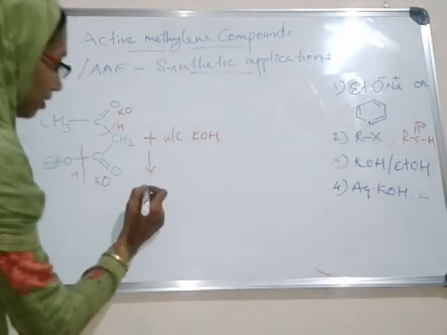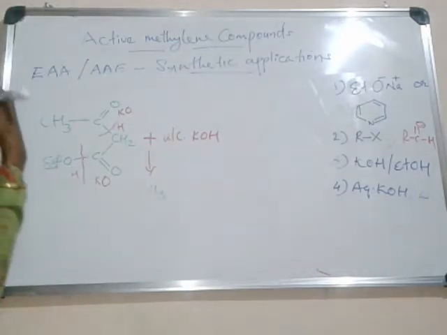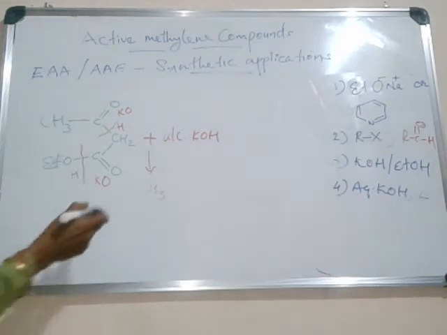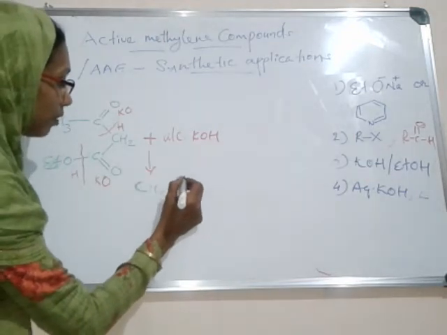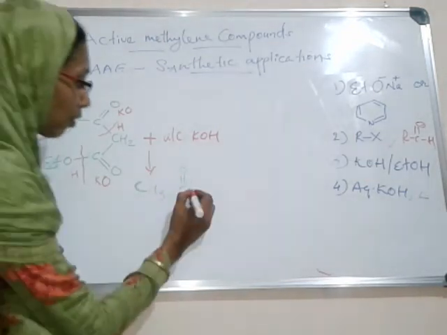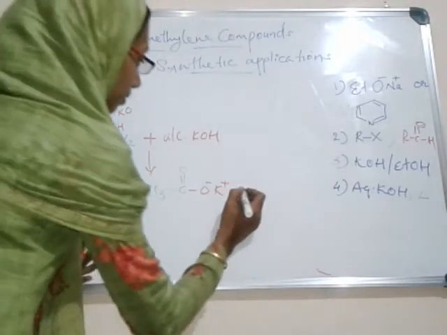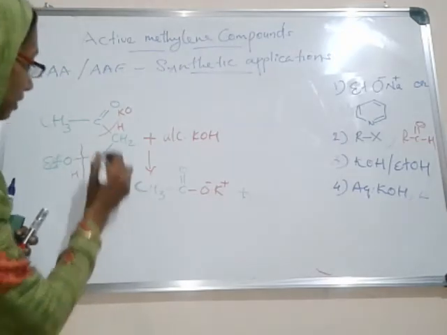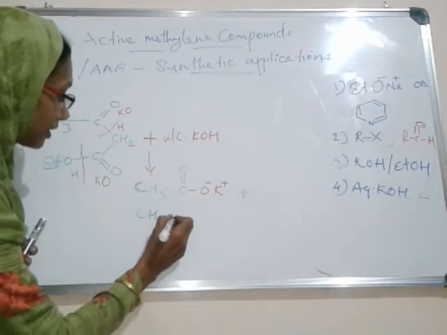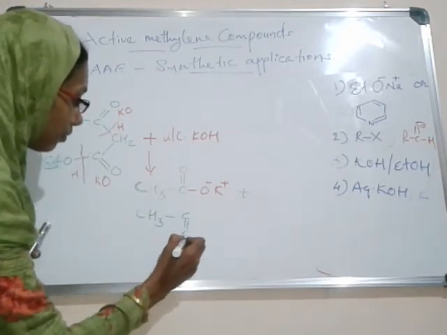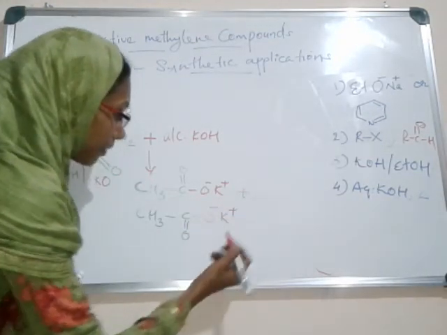The molecule is split at the 2 position, and we get the products: CH3-C(=O)-O⁻ K⁺, and CH3-C(=O)-O⁻ K⁺.